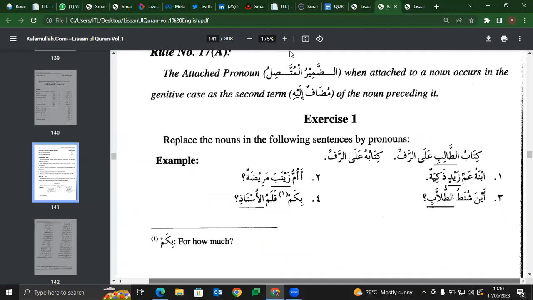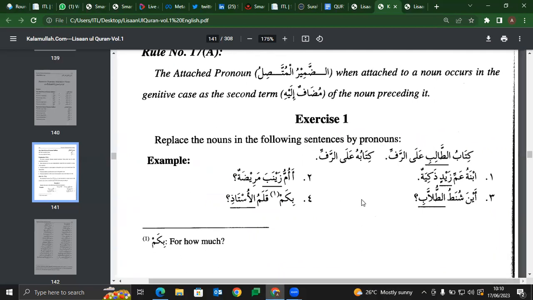Is the translation Zaid is a son of a clever mother, like that? Okay, let's go with mudaf, mudaf ilayh first. So Ibnatu Ammi Zaidin Zakiyatun.